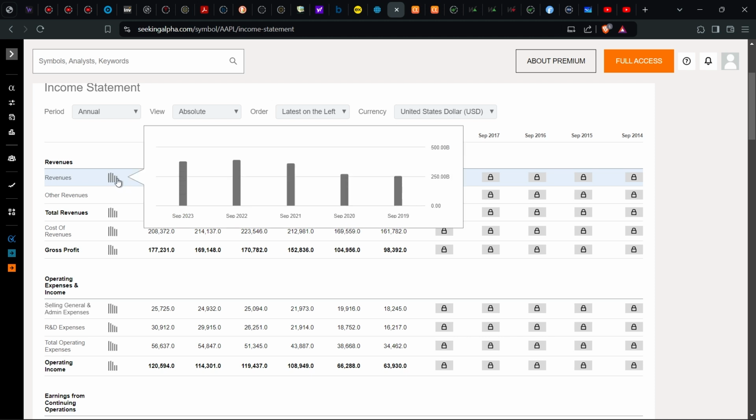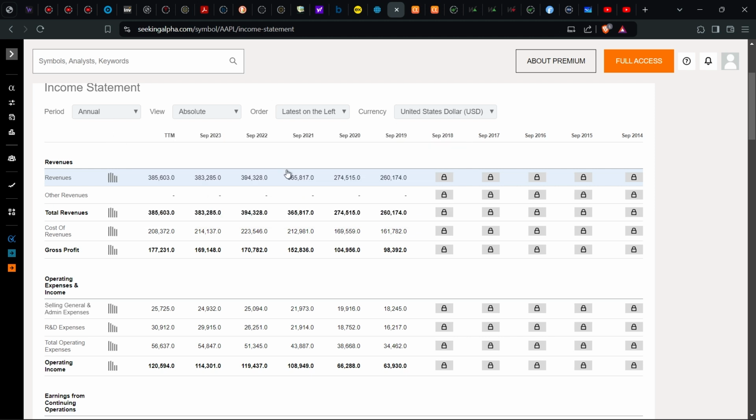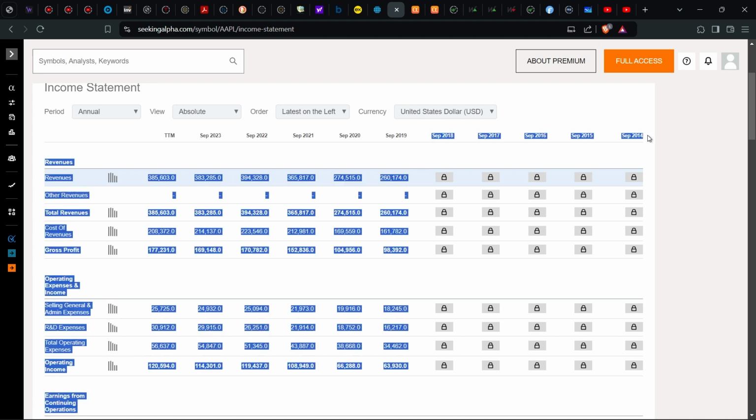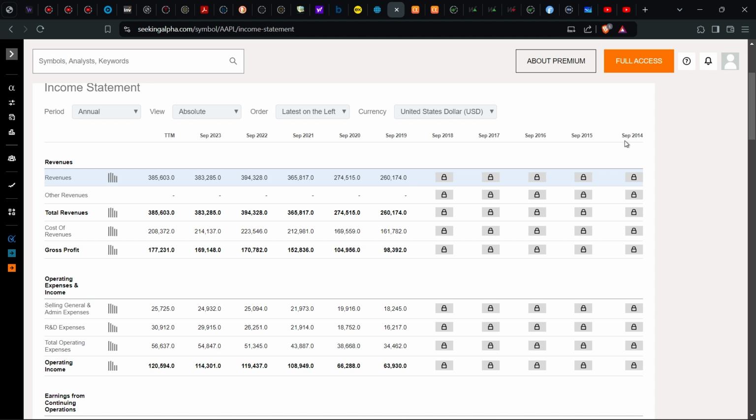The revenue, of course, this is the first part you need to check, and you need to see the revenues consistently picking up. These numbers here, they have to be increasing. Okay, of course, if we were able to view the previous years' reports, you would get a much clearer picture of how the company's revenues are going, but this website doesn't offer that feature for free, because of course when you have more data, that's when you can make more accurate decisions.